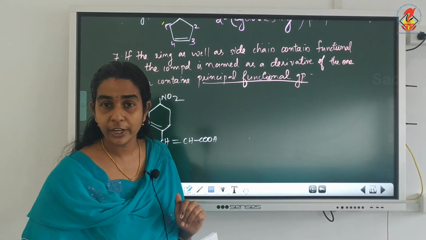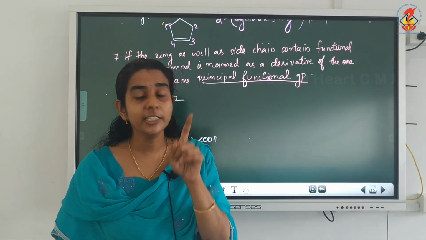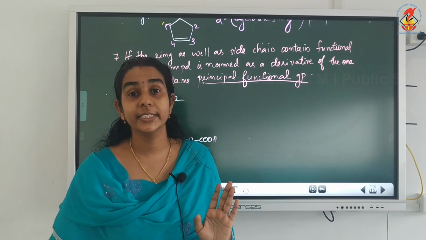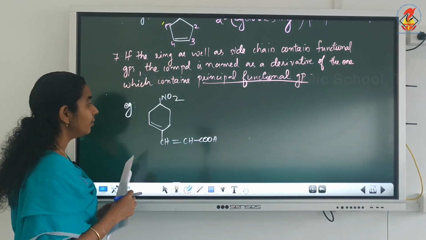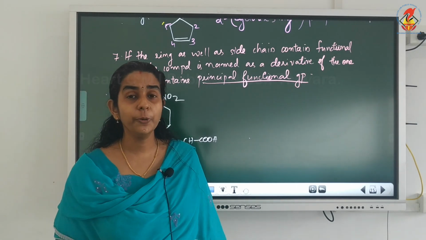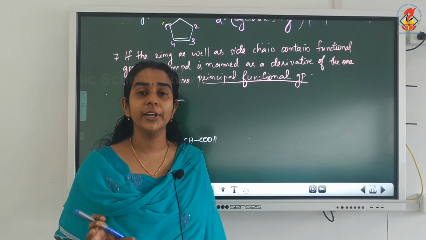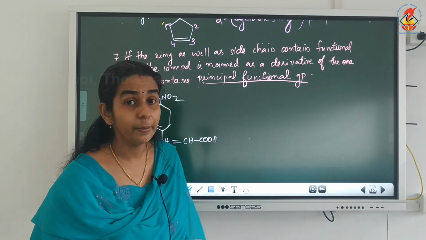What is the principal functional group? Yes, the functional group with highest priority. That will be considered as the parent. Okay. So, if the ring as well as the chain contains functional groups, the one which has the principal functional group or highest priority functional group will be considered as the parent.